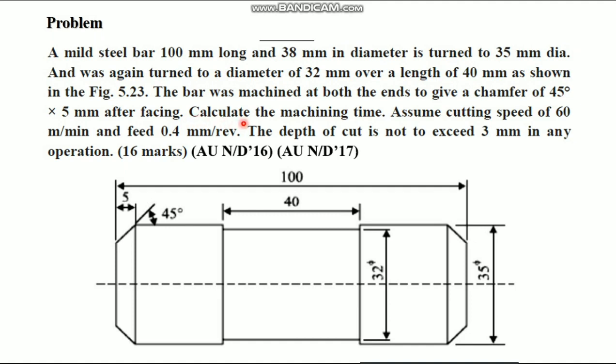Calculate the machining time. Assume cutting speed of 60 meters per minute and feed 0.4 mm per revolution. Depth of cut is 3 mm. It is an important question. This is the part we want to make. So you can see the solution.